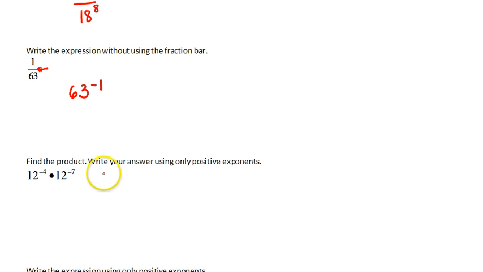Well, one way to look at this is I could say I have 12 to the negative 4 minus 7. Well, it's really important to remember to DPS this so that I realize I'm adding two negatives. And I would get 12 to the negative 11 power. But it says to use only positive exponents. So I would write this as 1 over 12 to the 11 power.